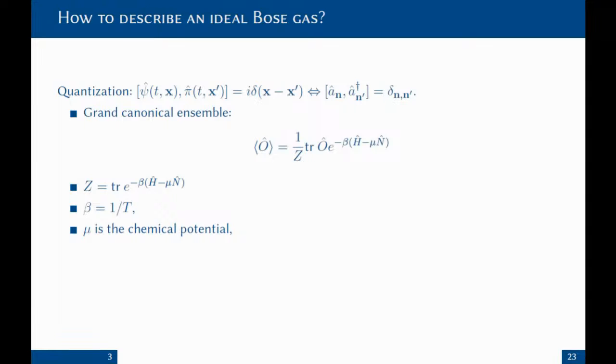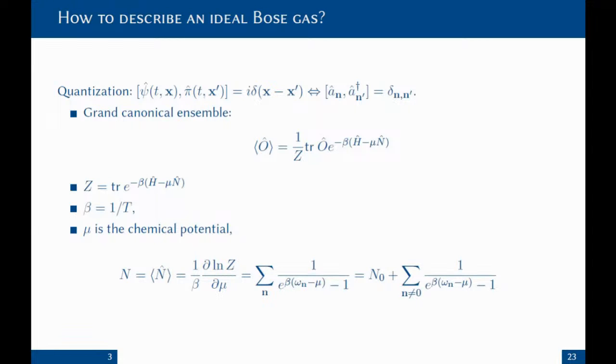All of this is just following the natural recipe. And we take averages of a given observable. So we have definitions here, and the temperature is just 1 over beta, as usual. Mu is the chemical potential, which is equivalent to working with either the total particle number or the chemical potential.